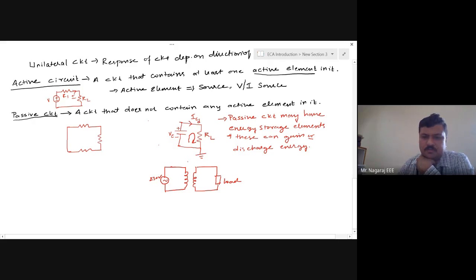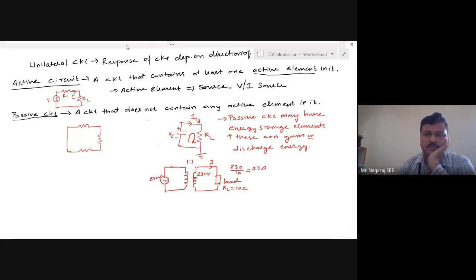If this is a 1:1 transformer, I'll get 230 volts here, across a load resistance, say RL equals 10 ohms. Now what is the current flowing here? 230 by 10 is equal to 23 amperes. A simple calculation, let me keep it very simple.